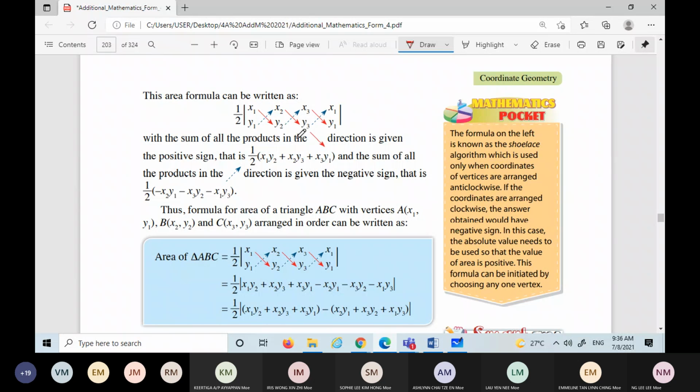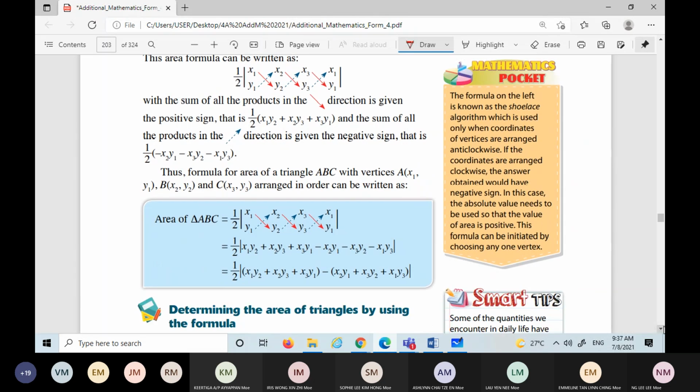The sum of all the products in this direction is given the positive sign. The blue color dotted arrow pointing up gives the negative sign. This means y1 times x2, y2 times x3, and then y3 times x1.